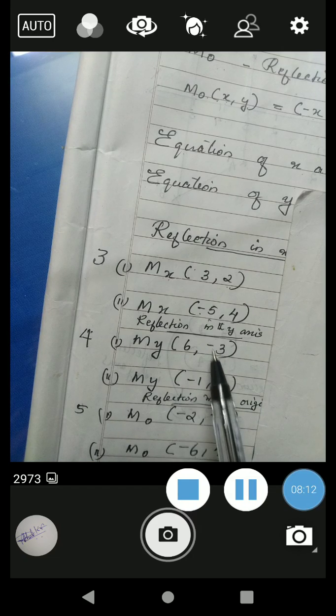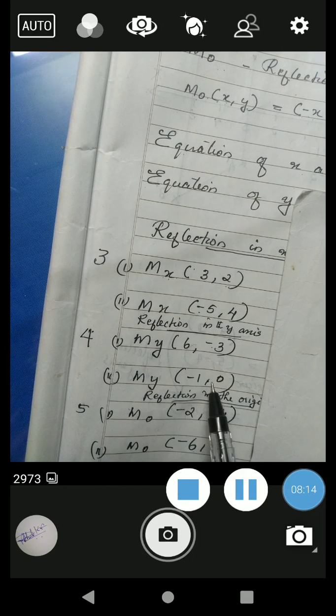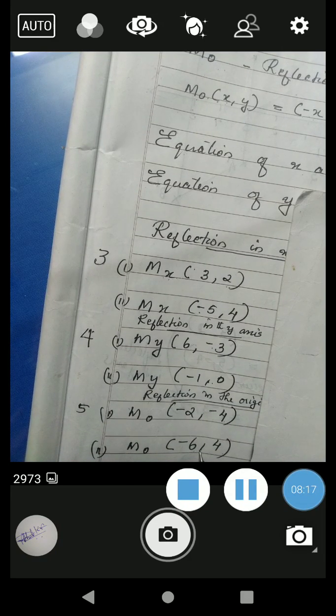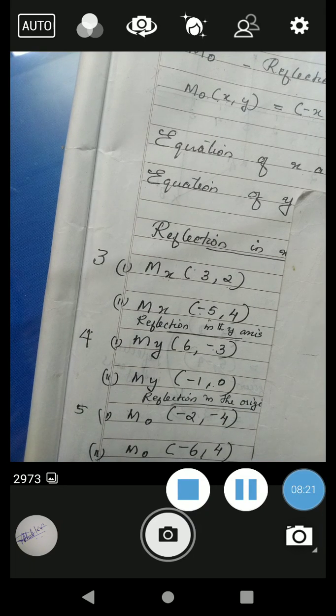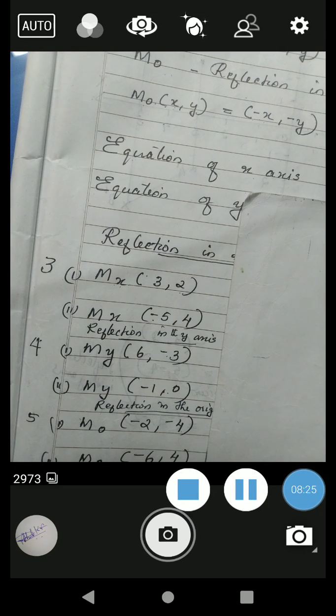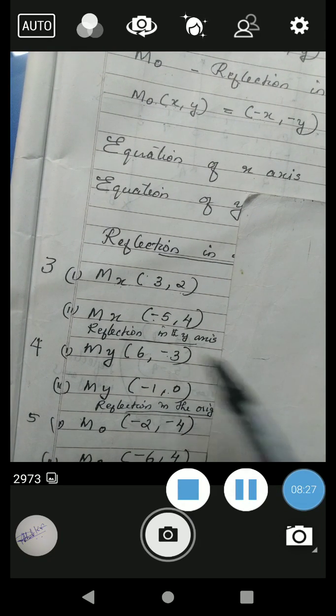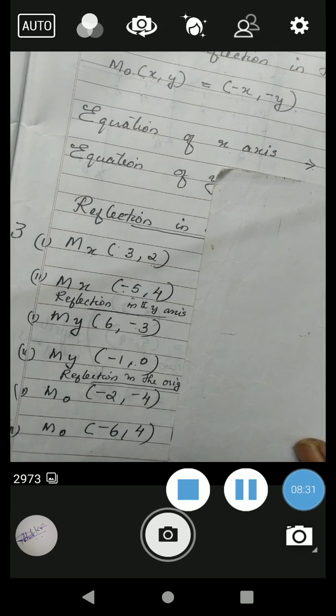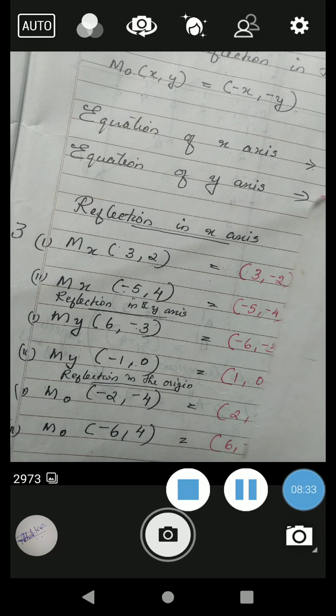These two reflect in the y-axis and these two points reflect in the origin, and you can check whether your answer is correct or not. I will show that. Try to do it by yourself, and after that you can check with this answer.